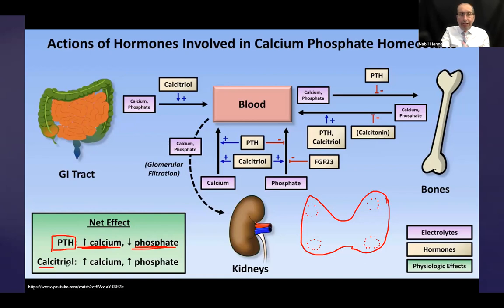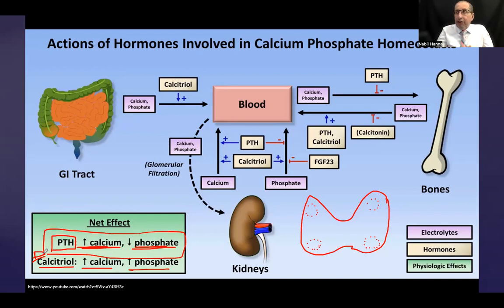Calcitriol, which is nothing but the active vitamin D, increases calcium and also increases phosphate. But the parathyroid hormone, and this is what I want to focus on, increases calcium in the blood and decreases phosphate.